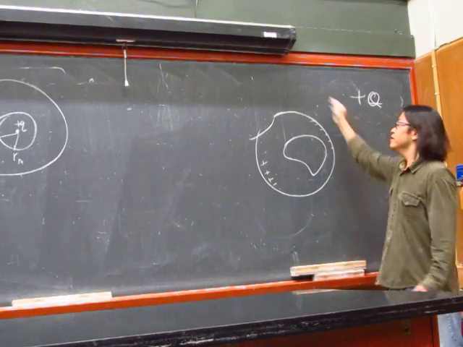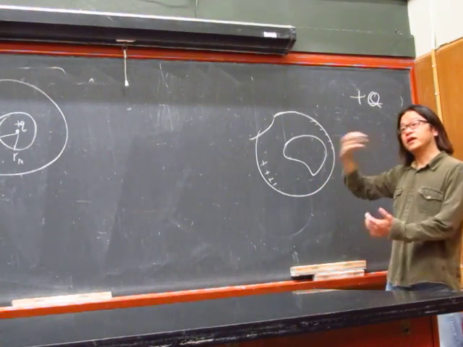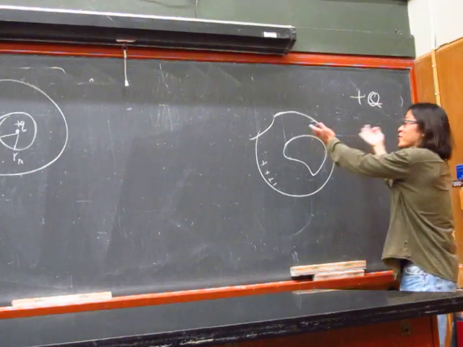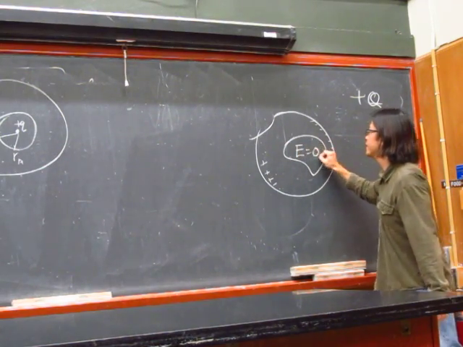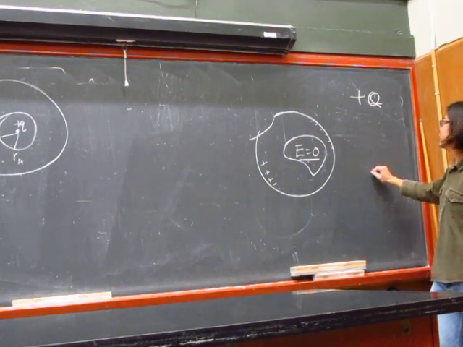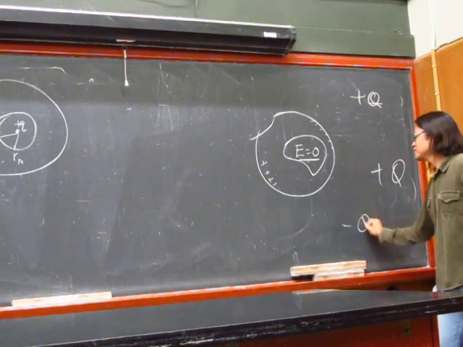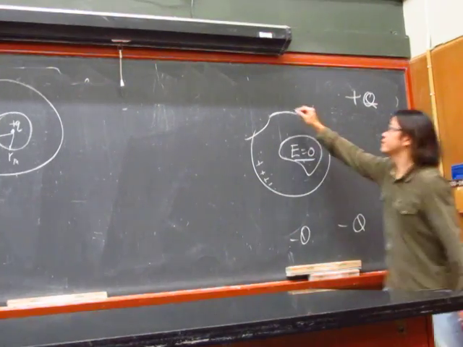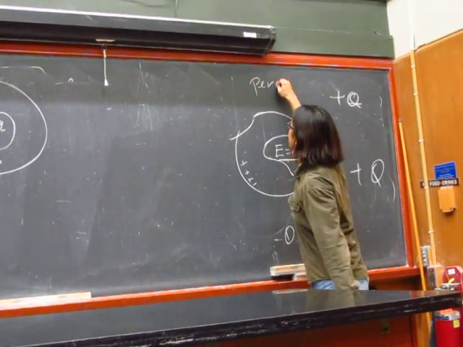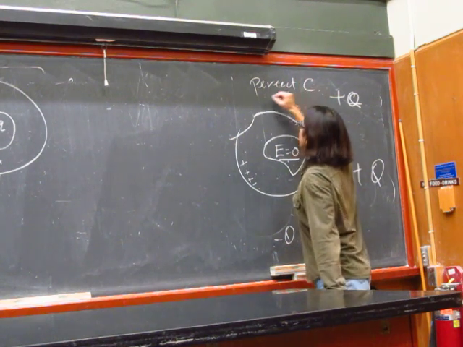But it's done in such a way that, for a physical problem, it must have a physical solution where the electric field is zero inside. Even though you have plus Q, minus Q, whatever in here, you have perfect screening for a perfect conductor.